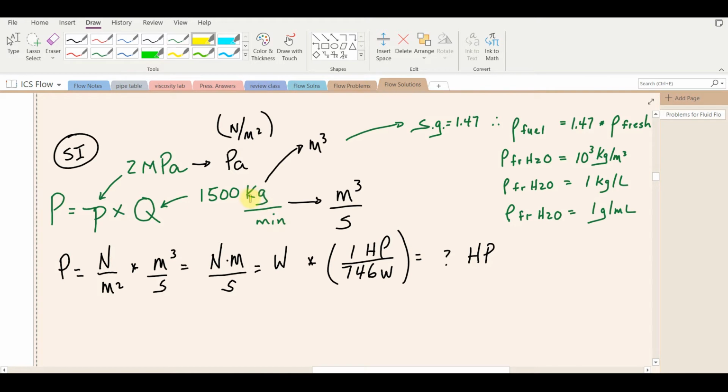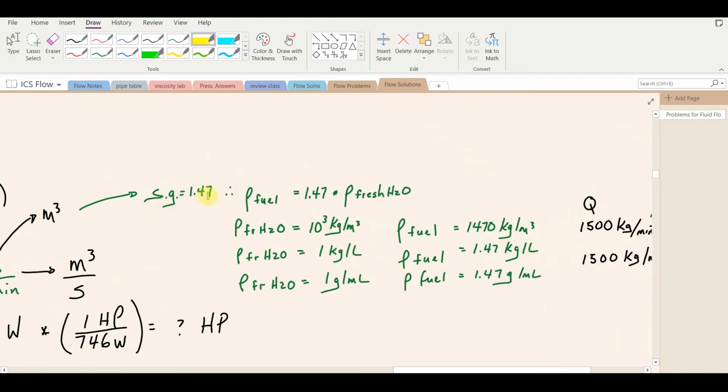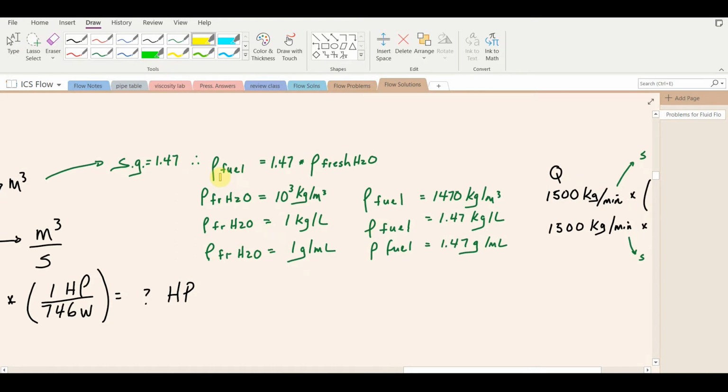What about the kilograms to cubic meters, mass to volume? We're told the specific gravity of the fuel is 1.47. That means the density of the fuel is 1.47 times the density of fresh water. Well, the density of fresh water is 1 gram per milliliter, and that means the density of the fuel is 1.47 grams per milliliter.